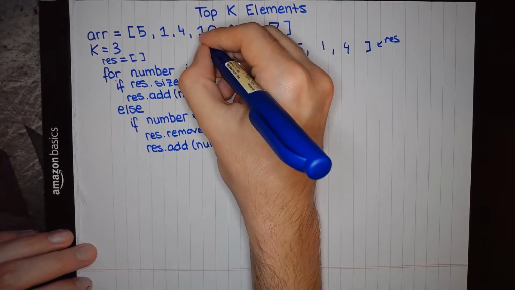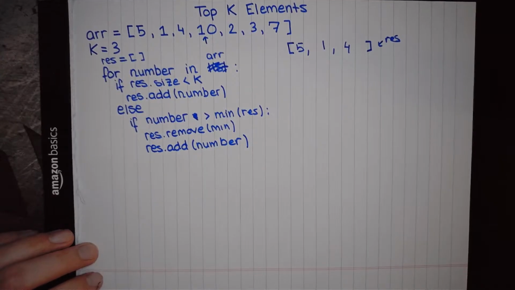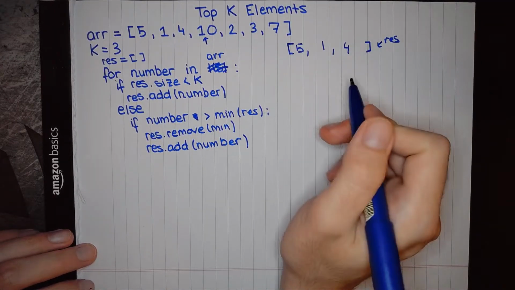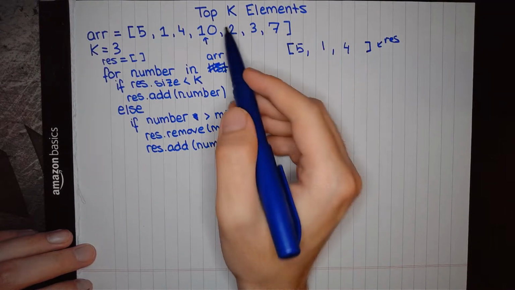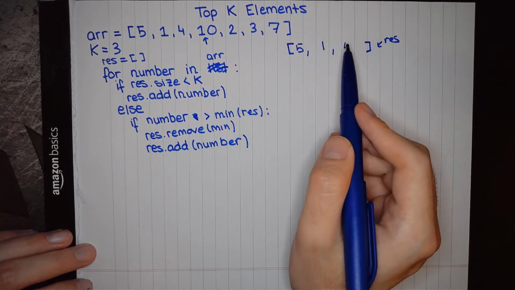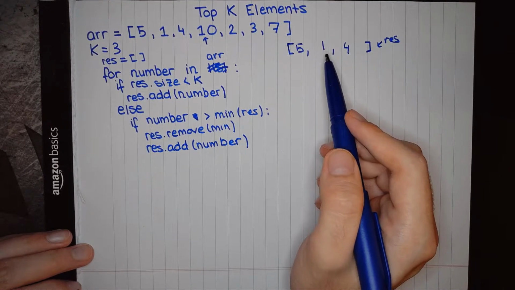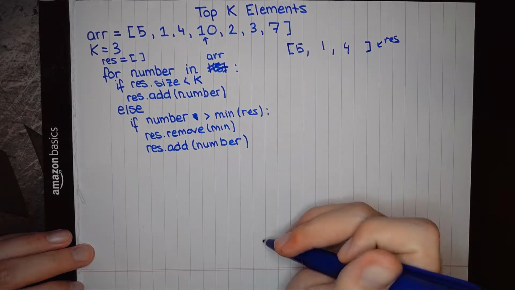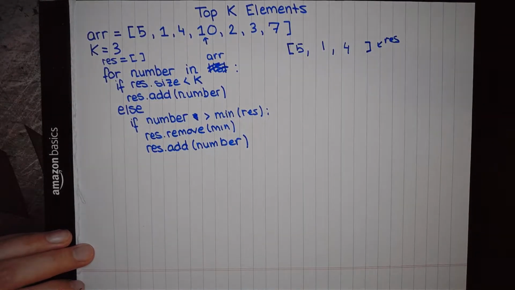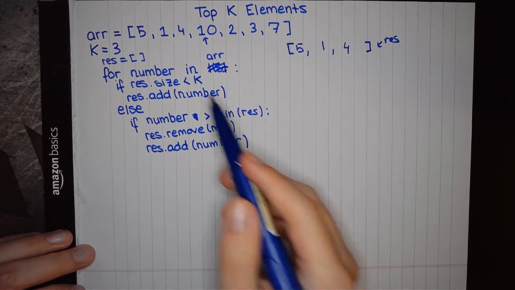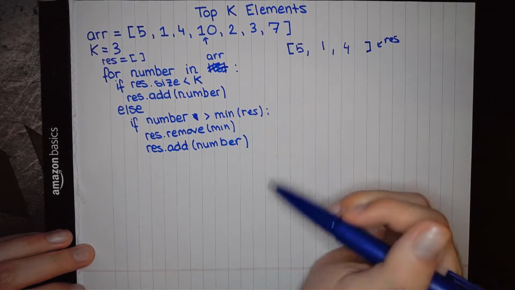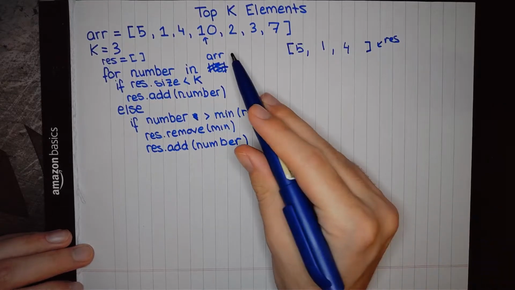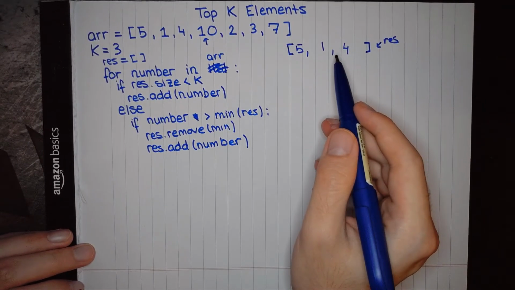Now, we look at 10. And we already have 3 elements in our list. So if 10 is better than any of these elements, then we have to replace that element with 10. 10 needs to take its place. In this case, 10 is better than all of the elements, but you need to just replace the minimum one.